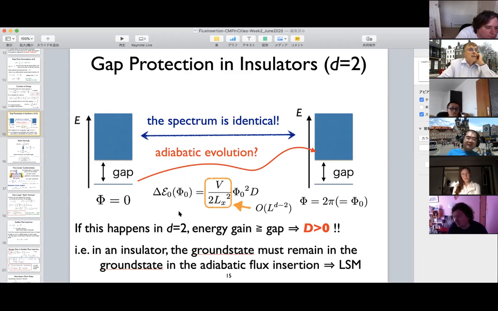If you start with a system which has some electrons over the gap as well, and then you do the adiabatic flux insertion, and if there is gap closing, and the same states which have electrons above the gap come down, and the states below go up, which were also occupied, then we would have an energy gain of 0, right? But that doesn't show that it's an insulator or a conductor, right?